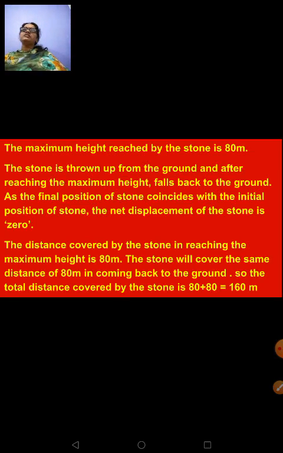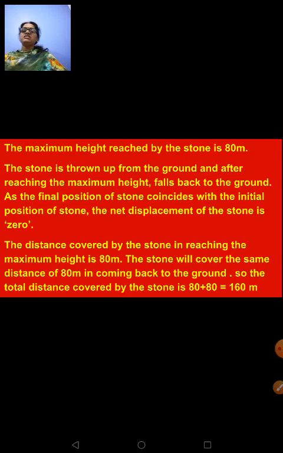So what's the total distance traveled? From the ground to the maximum height it is 80 meters, then from there back to the ground is again 80 meters. So the total distance would be 80 plus 80, which is equal to 160 meters.